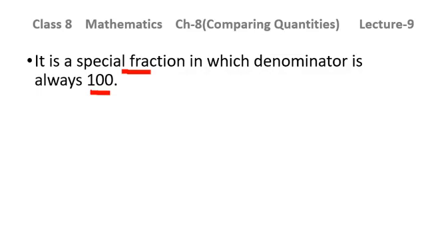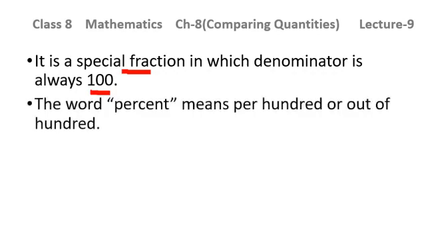Out of 100, how many marks? If a particular student got 75 marks out of 100 marks, then it means that he got 75% marks. So the word percent means per 100 or out of 100.